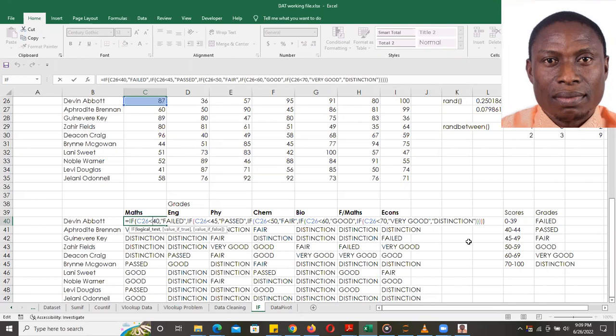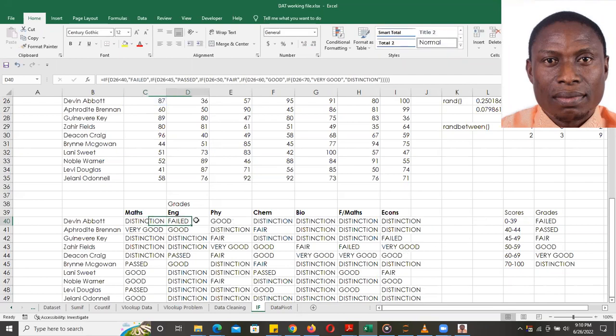Let me check the second one. The third one, can you see? The thing about this is you don't have to do it for just one cell. Like I told us at the beginning of this class, Excel is built on cell referencing, and by default, Excel makes use of relative cell referencing.